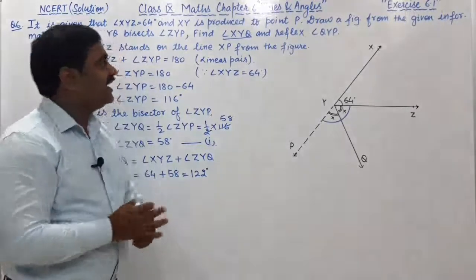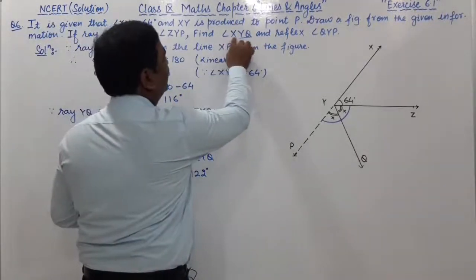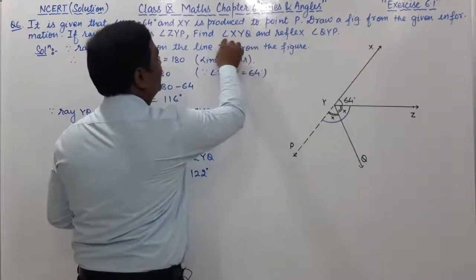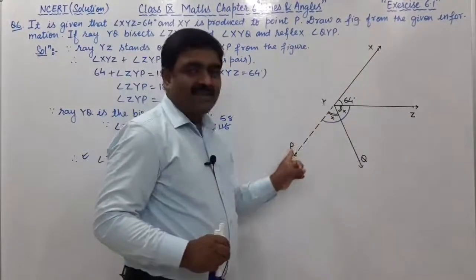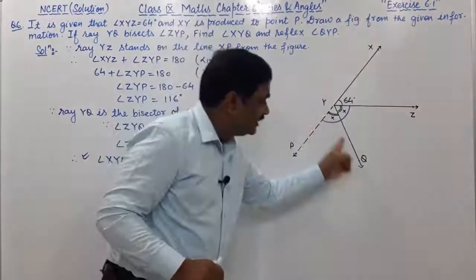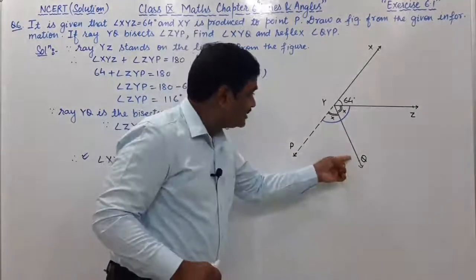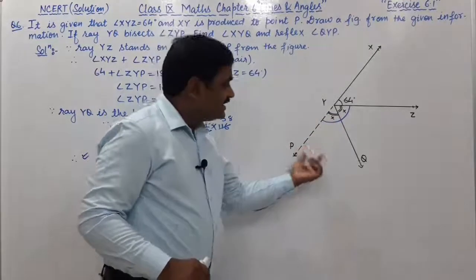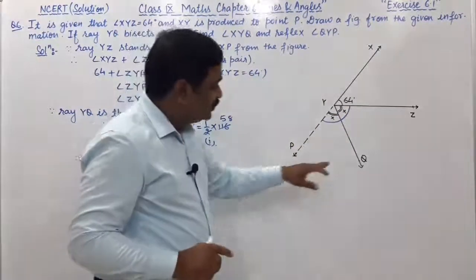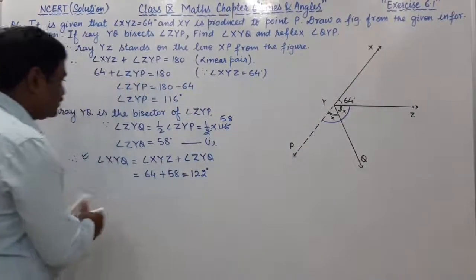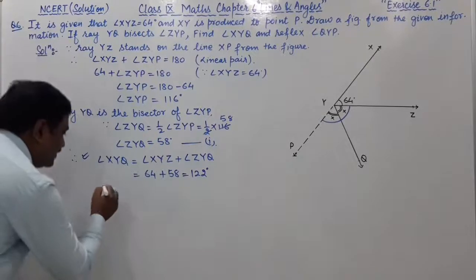We got our first answer. Now we need to find out the second angle. Second angle is what? It is QYP. As you know, we have to find the reflex angle QYP. As you know that this QYP is half of angle ZYP, right? So QYP is equal to just the same as 58, as this ZYQ.